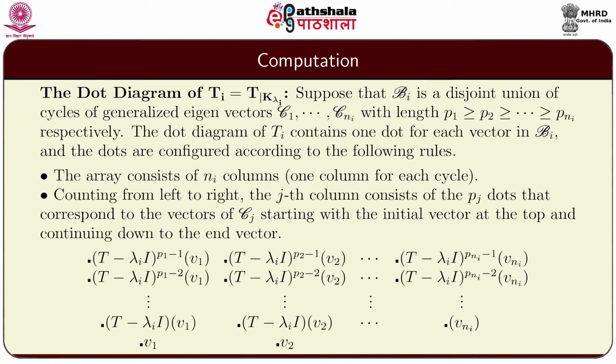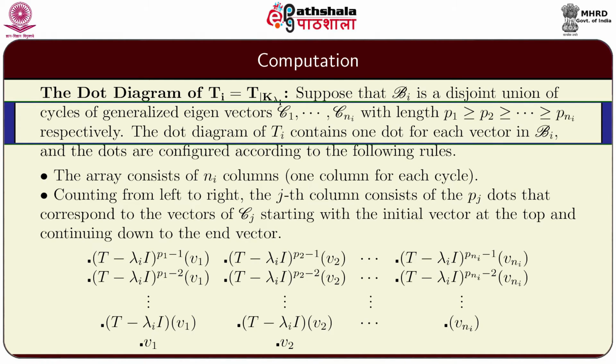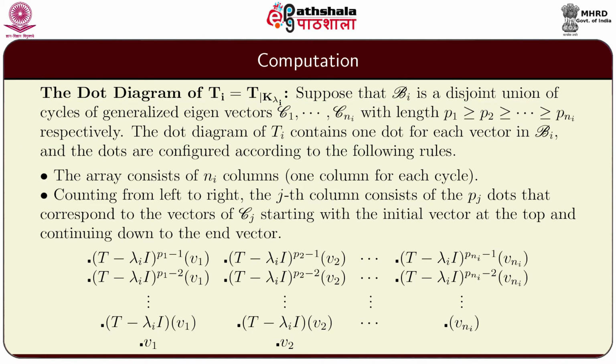Let us now discuss this useful technique of the dot diagram. The dot diagram of T_i, meaning T restricted to K_λi. Suppose that B_i is a disjoint union of cycles of generalized eigenvectors C_1, C_2 and so on up to C_ni, with lengths p_1, p_2 and so on up to p_ni, and p_1 is greater than or equal to p_2, greater than or equal to and so on, greater than or equal to p_ni.